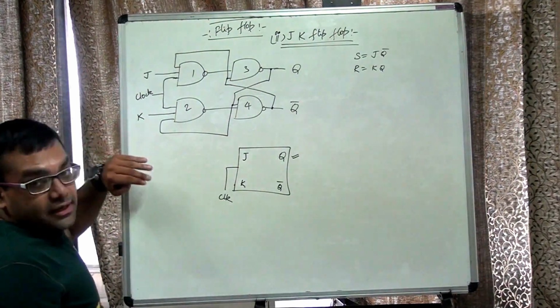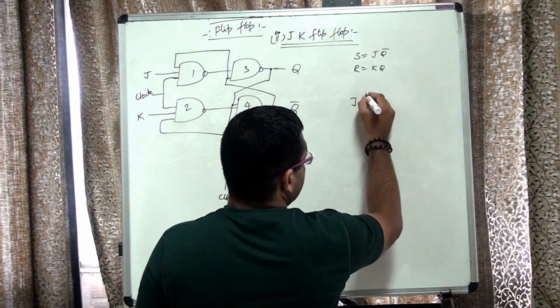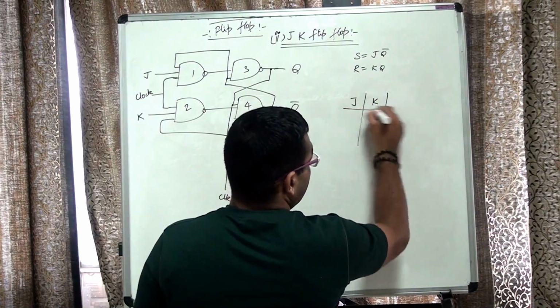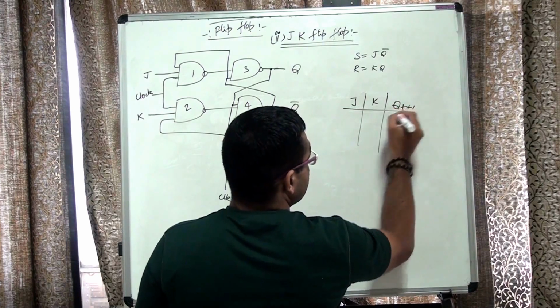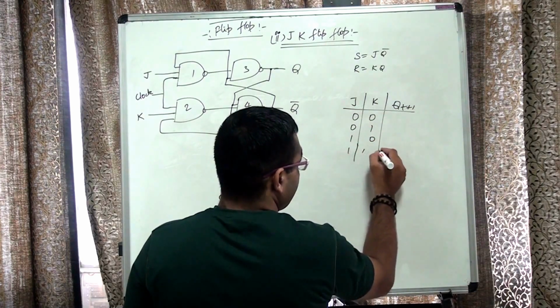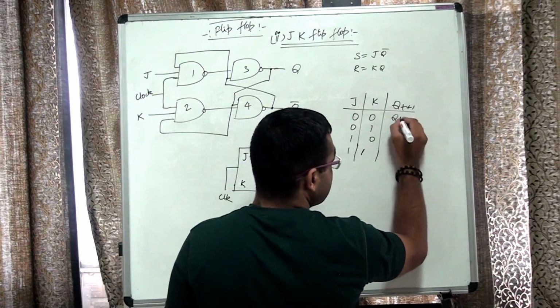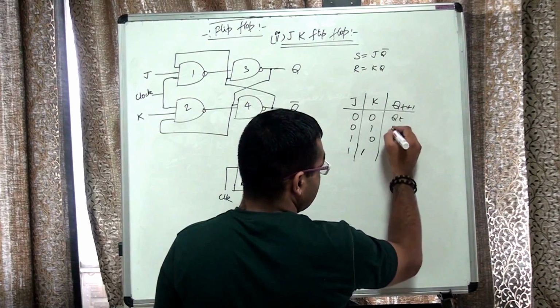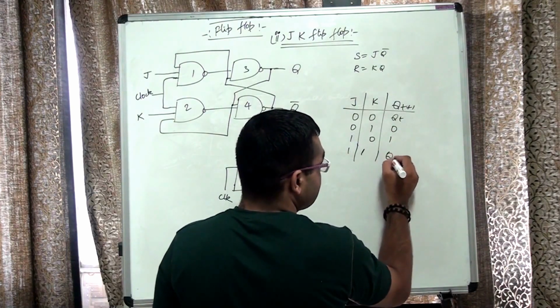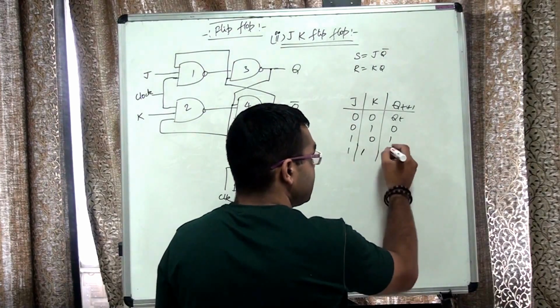Now with this slight change in our circuit, we will have J, K and Q(t+1) coming up. This is 0 0, 0 1, 1 0 and 1 1. The first three behave exactly the same as the SR, that is Q(t), 0, 1, and the last state becomes Q(t) bar, that is the complement of the previous state.